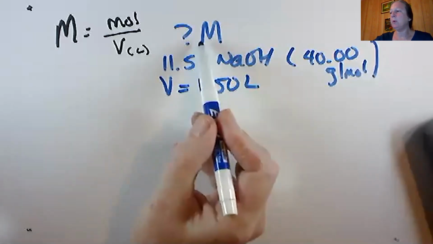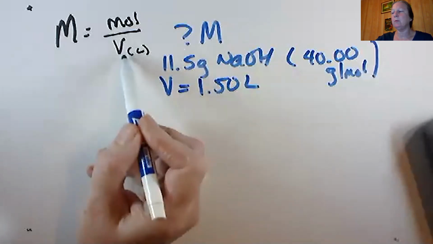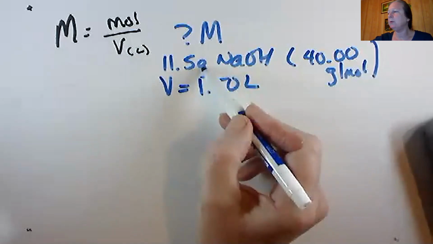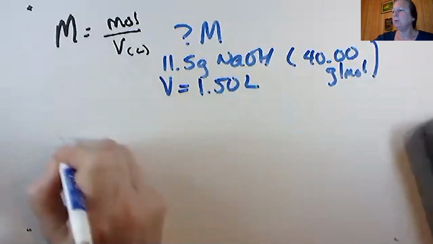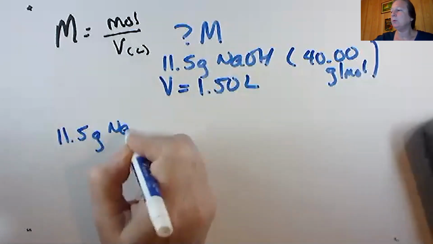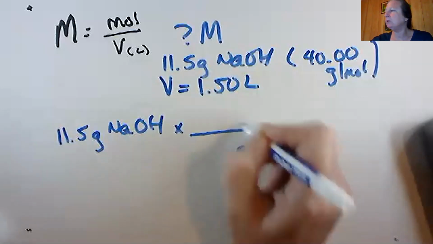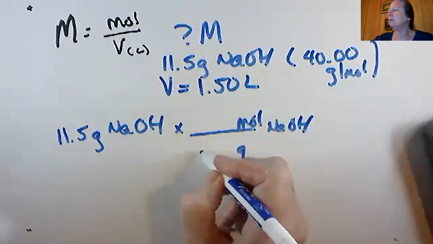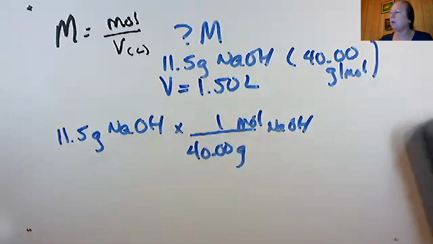So they're asking for molarity. All right, well, here's my equation. To solve molarity, I need moles over volume. I have volume. I don't have moles, but I do have grams. And from grams, I can get to moles. So start with what you have. In this case, we have to convert this to moles. And that's that good old molar mass, 40 grams per 1 mole. That will cancel out my grams.